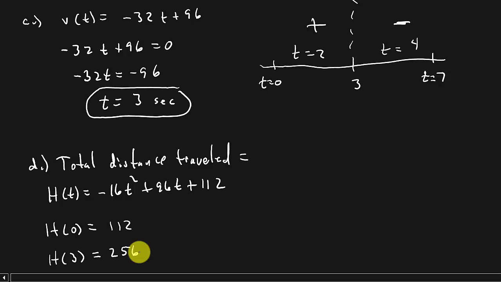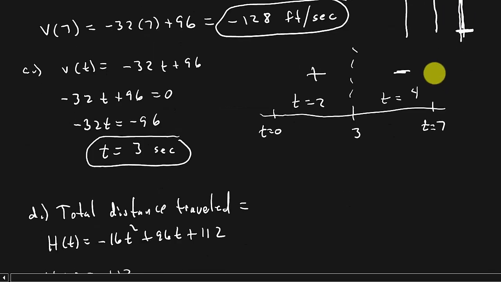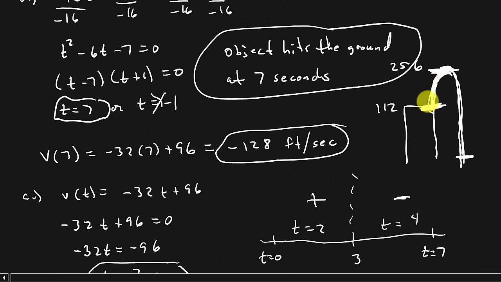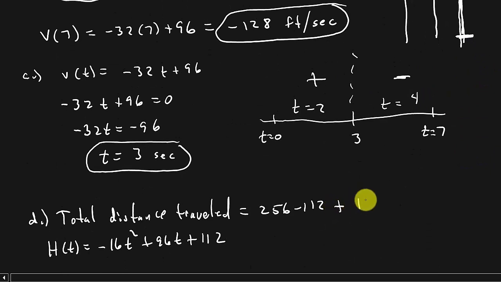Okay, so think about this. The distance it traveled from here to here, this height here is 112, this height here is 256. So the distance from here to here would be 256 minus 112. So that's this distance right here. And then plus 256.